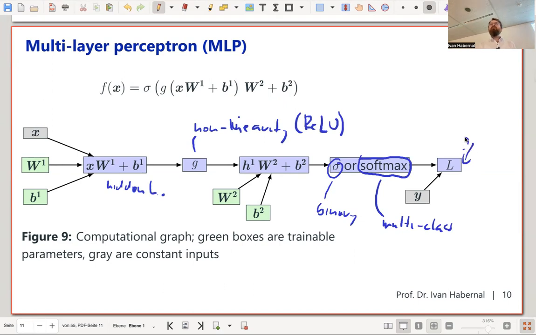What is this thing? L, yeah, the loss function. And this is again what? Yeah, the gold label, exactly.